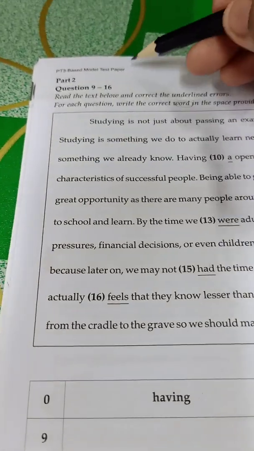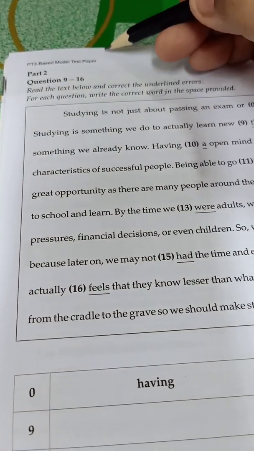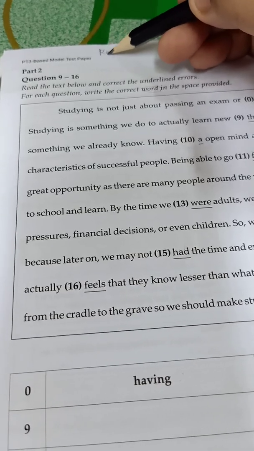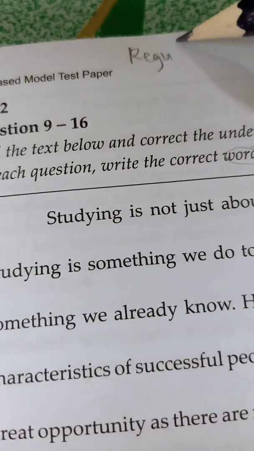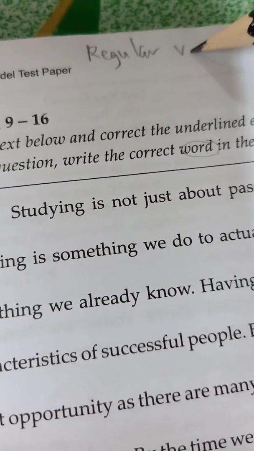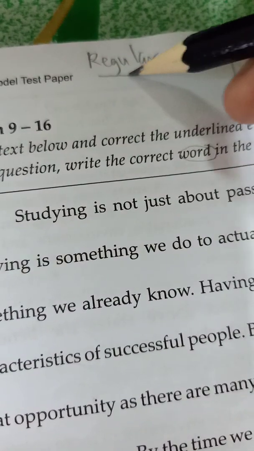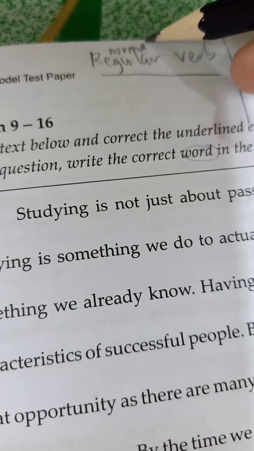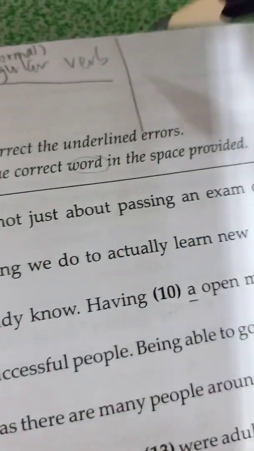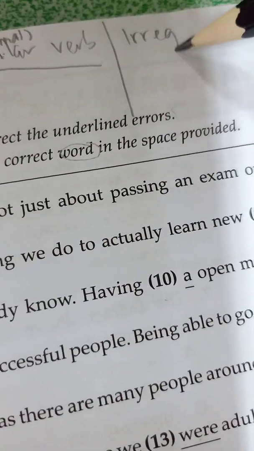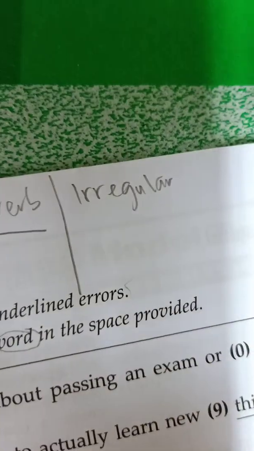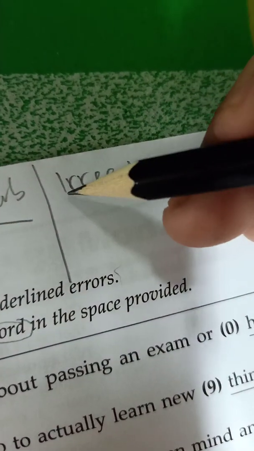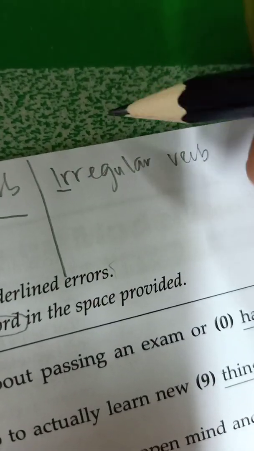For example, this one is a regular verb. Regular means normal. Another one is an irregular verb. Irregular means not normal. What does it mean, teacher?